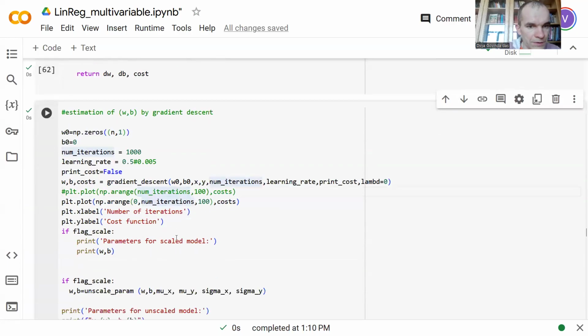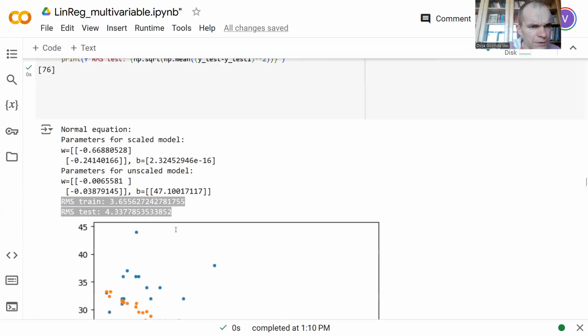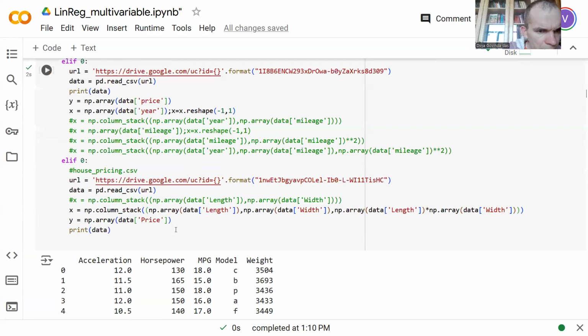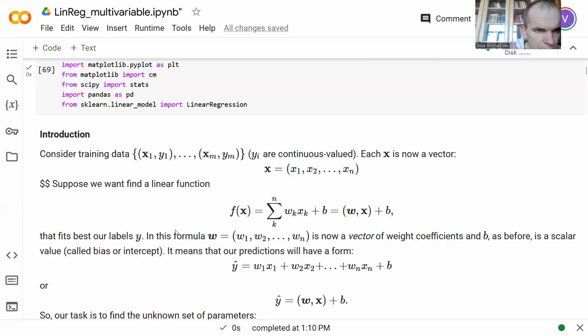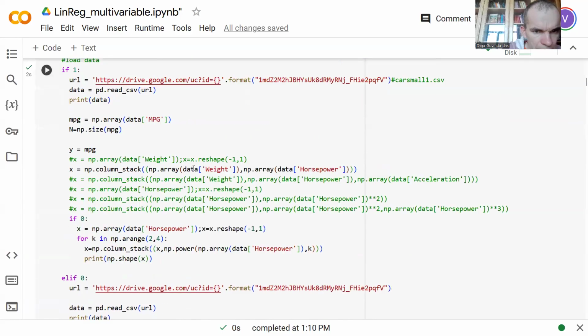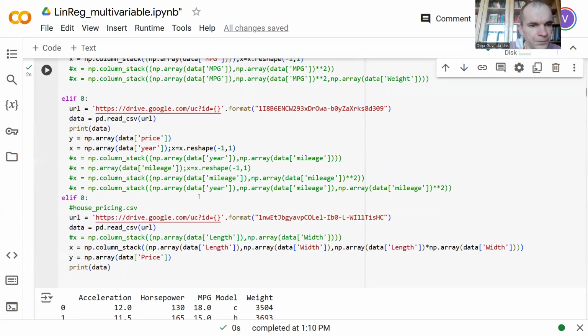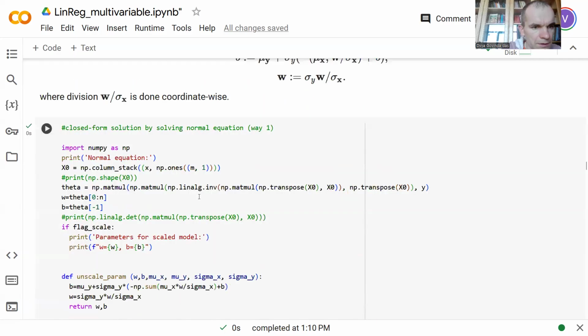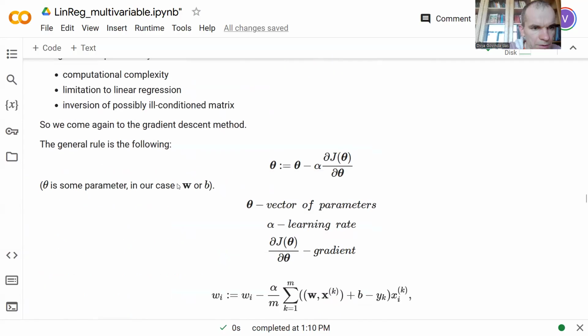So returning to our example, we now consider the two-dimensional case, weight and horsepower. So let us run the gradient descent. This is by normal equation.